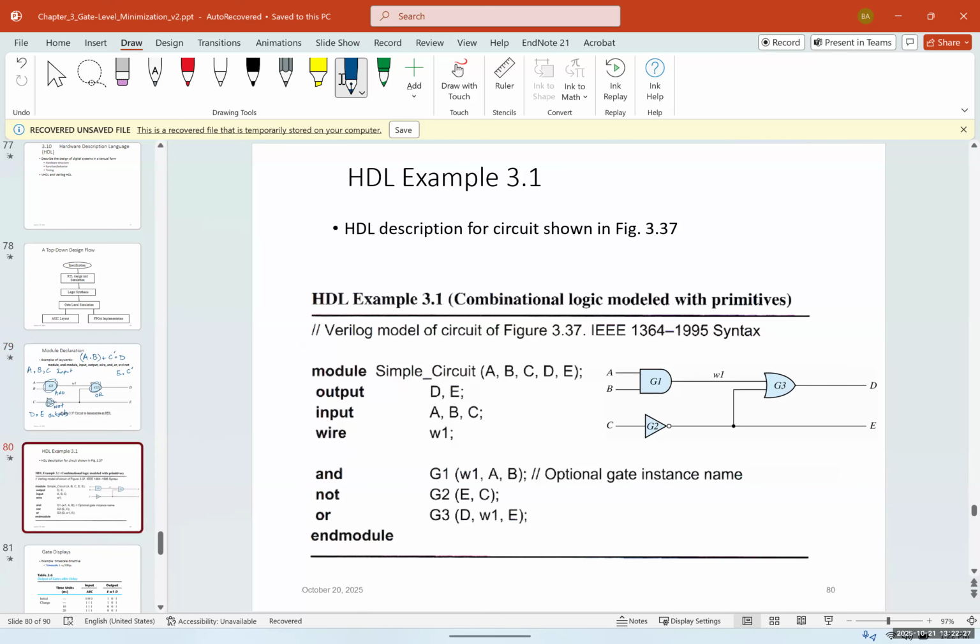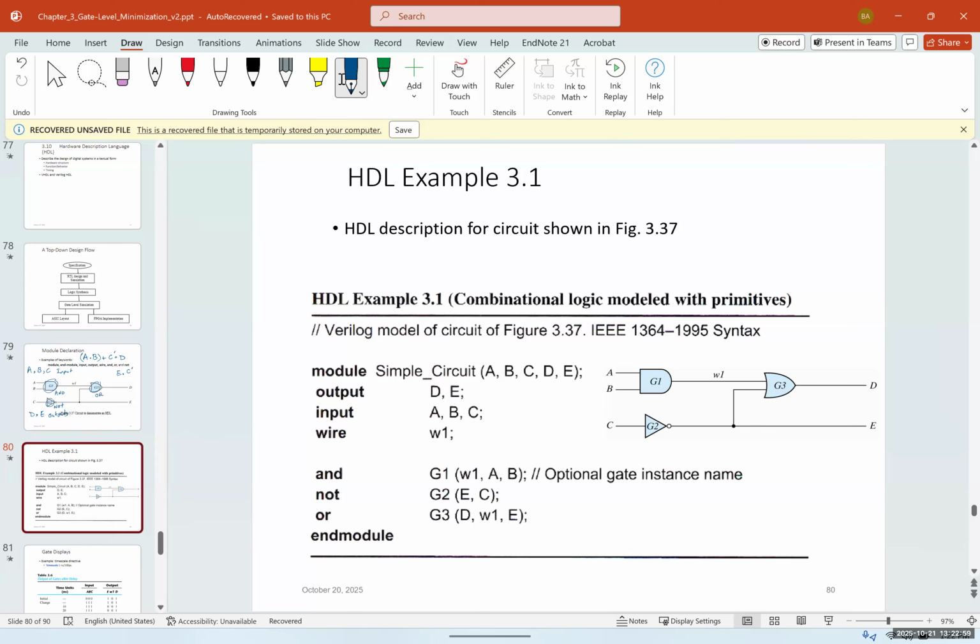Now, let's see in an HDL description, how do we write it? This shows the HDL description for the example, and it's a combinational logic module modeled with primitives. And by the way, I'll explain what a combinational and sequential logic gate is in the next lecture. But for now, just remember that the combinational logic circuit doesn't have any feedback and doesn't have any memory.